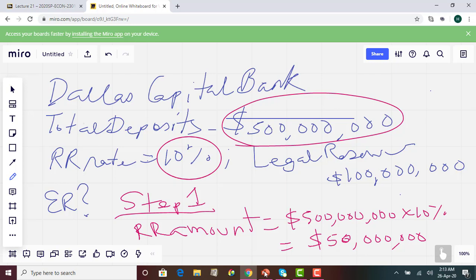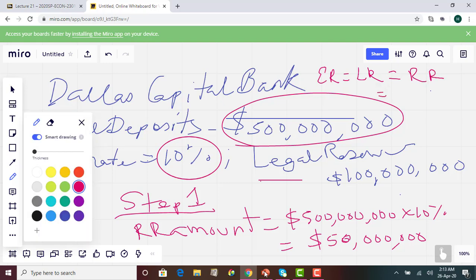Now we know the required reserve amount and the legal reserve amount. So what is the excess reserve? Excess reserve is equal to legal reserve minus required reserve.